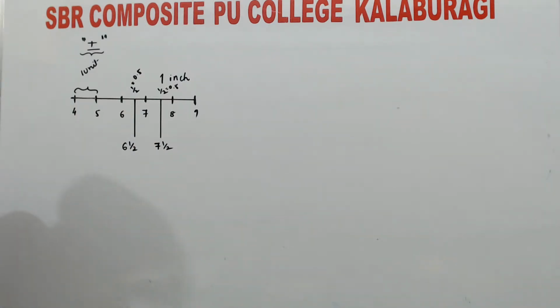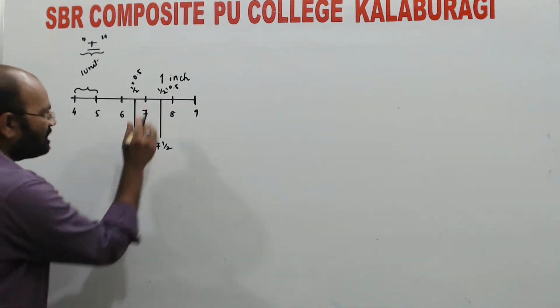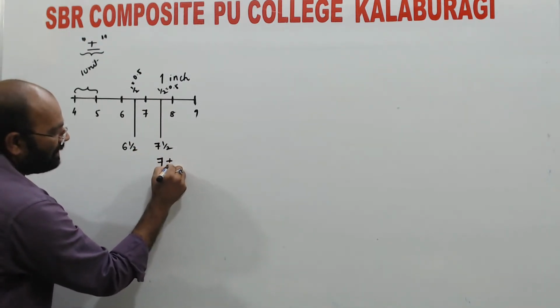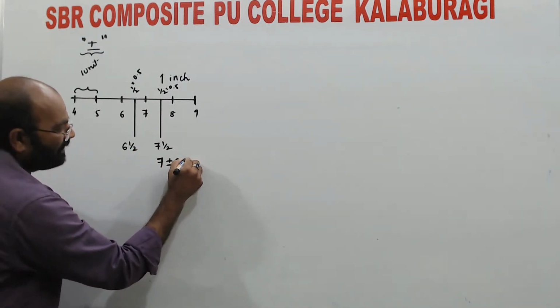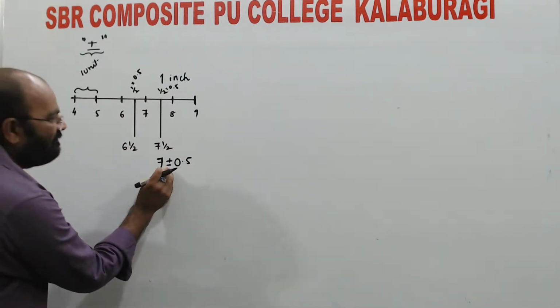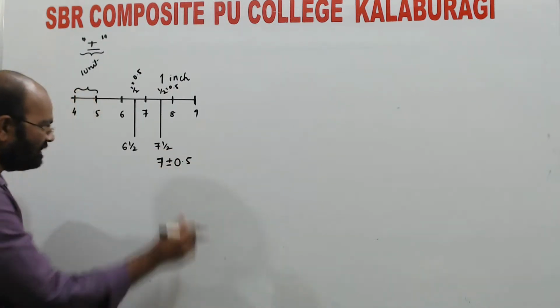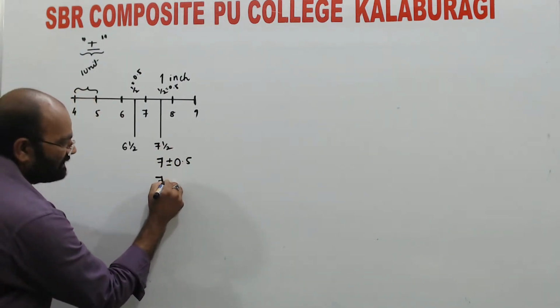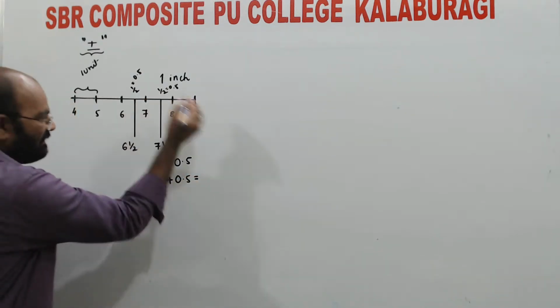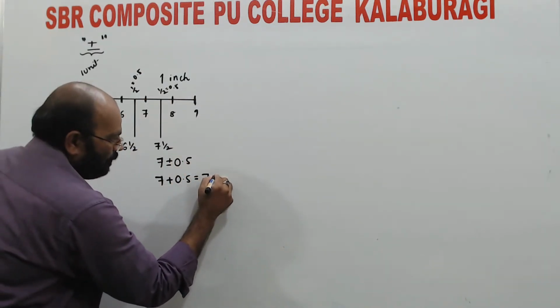But how can I write this, in terms of addition or subtraction? The value which lies here, you can write as 7 plus or minus 0.5. It means 7 plus 0.5 is equal to 7.5.